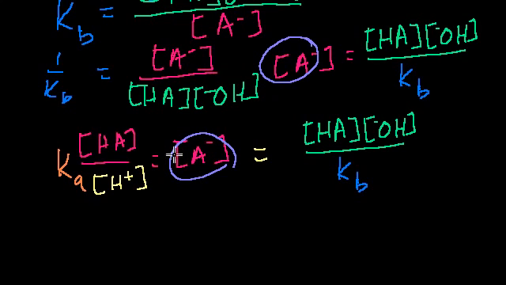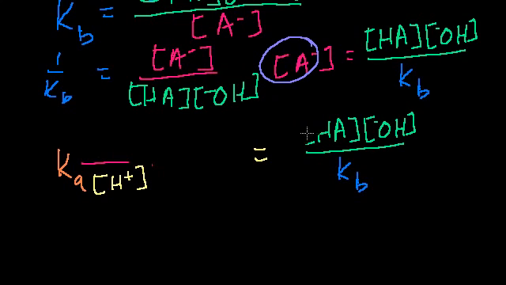So we could say that they both equal the concentration of A minus. So that's equal to that. We can divide both sides by HA. So this over here will cancel with this over here. And we're getting pretty close to a neat relationship.